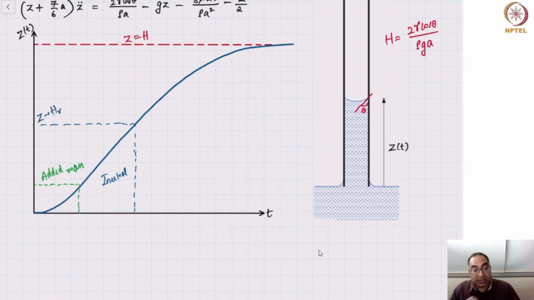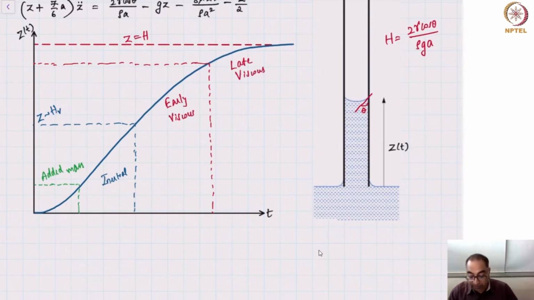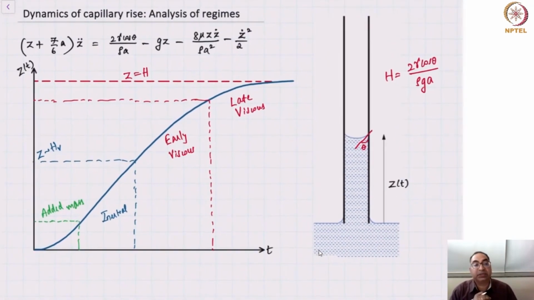Beyond this height, we expect viscous forces to kick in, and therefore we should expect that there are two more regimes. We have an early viscous regime and we have a late viscous regime. So this we can say is early viscous, and this is late viscous. Again, the analysis will be similar to the one carried out by Professor John Bush at MIT.